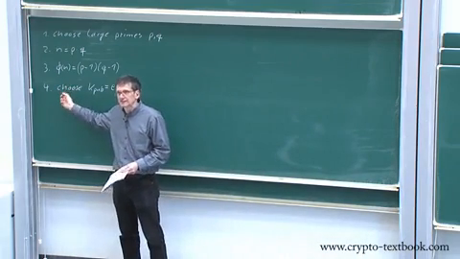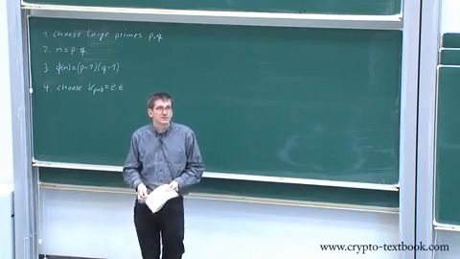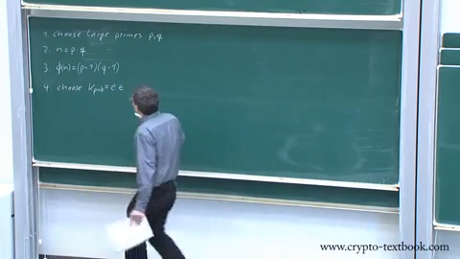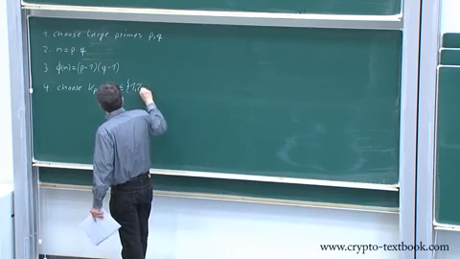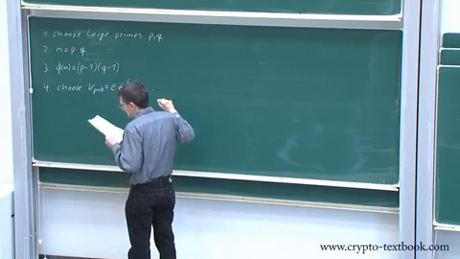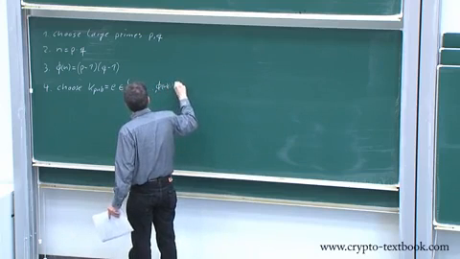This is just choosing. It doesn't say choose randomly. It doesn't have to be particularly secret, it doesn't have to be secret at all. It has to come from a certain set, of course, namely from the set 1, 2 up to phi of n minus 1.